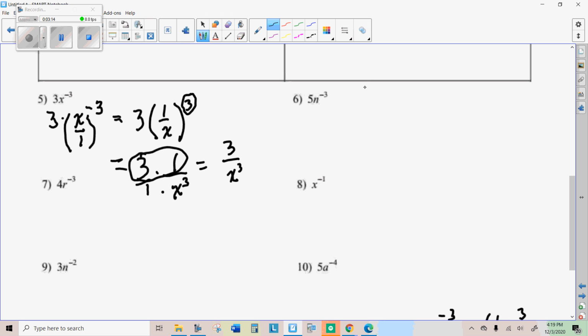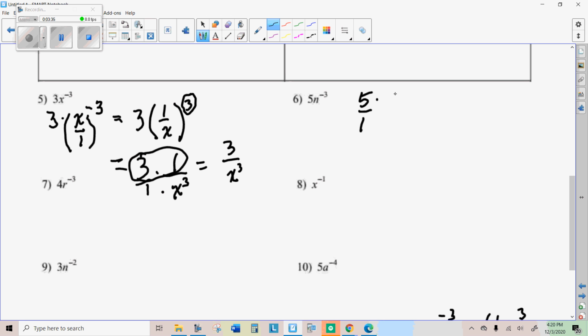So I'll try one more of those with you. So this 5 times, we have to separate that out because we need to do the power first in the order of operations. And notice I just changed that into a fraction because I know that my n to the negative third is going to make a fraction.